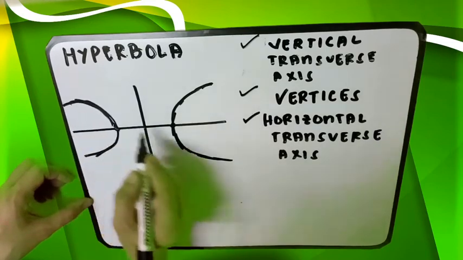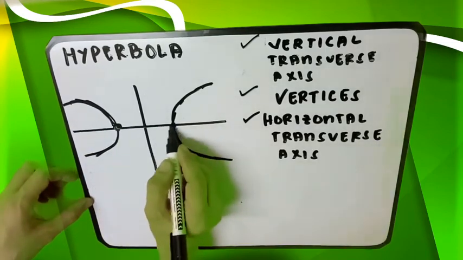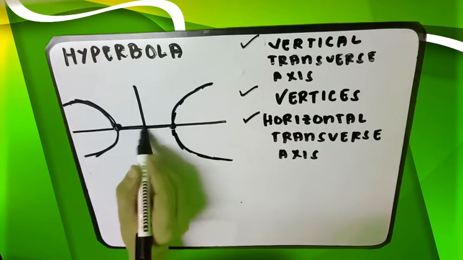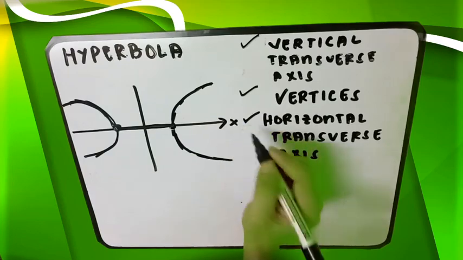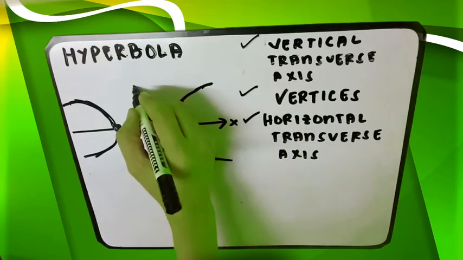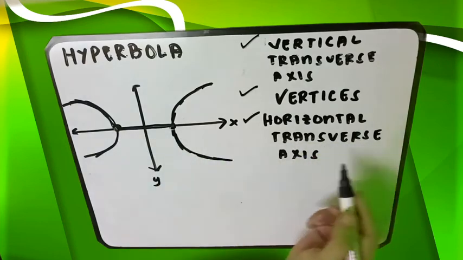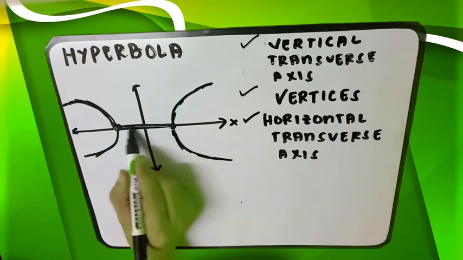Medyo pangit lang pero pagtyagaan na. So these are the vertices. Yung line segment na mapo-form if we connect vertex 1 to vertex 2 na andito naman ngayon sa x-axis, it means that is horizontal transverse axis.